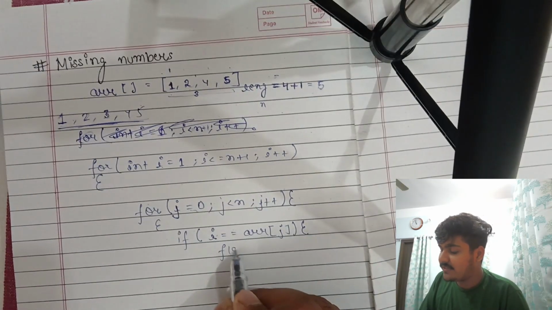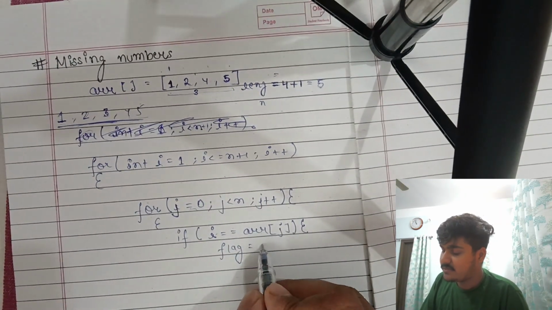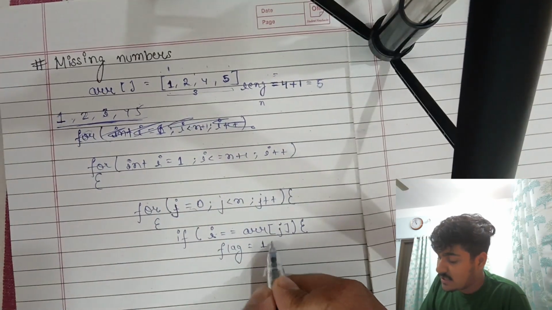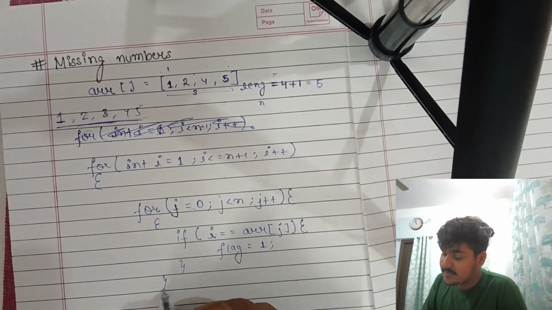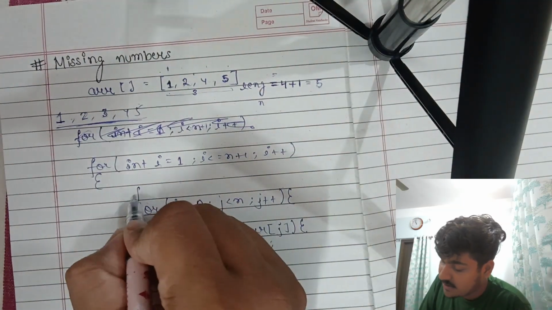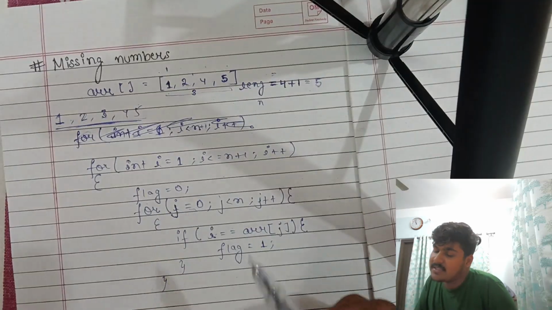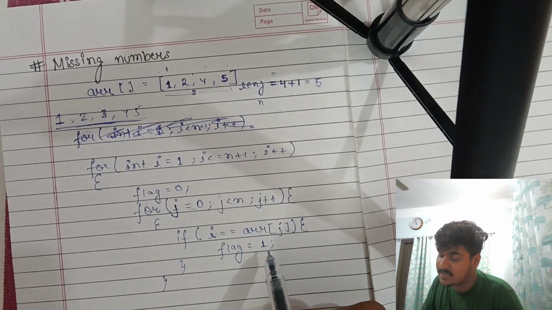Then you can say flag is equal to 1, that yes, it is present. You can declare it also like flag is initially 0. 0 means it is not present, and 1 means present.